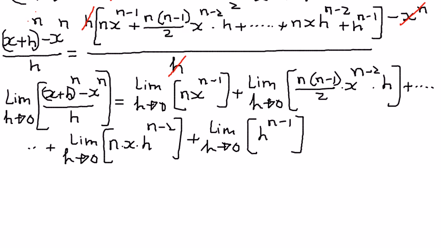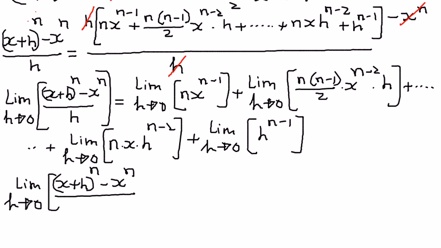from here, let me back up and say we can write this limit as h approaches 0, (x plus h) the whole thing raised to the power of n, minus x to the power of n, the whole thing divided by h.